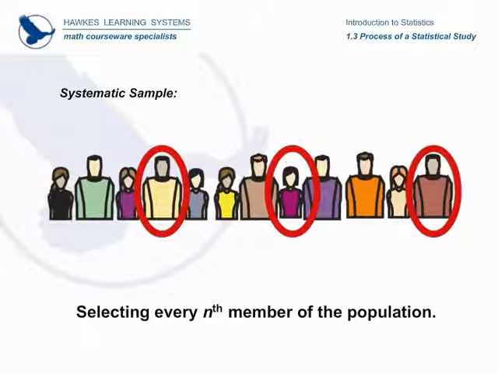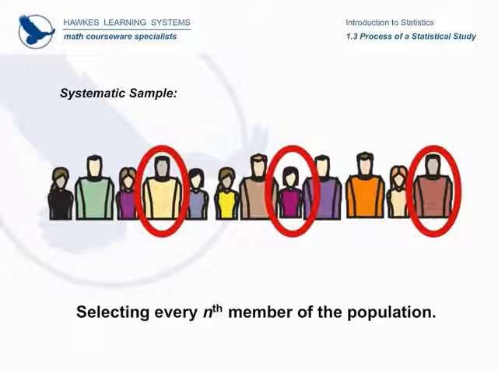Next, we have a systematic sample. That's where you select every nth member of the population. So you have the population and you determine how many members you're going to count off, and then you'll select a member. In this example, we have 1, 2, 3, 4.